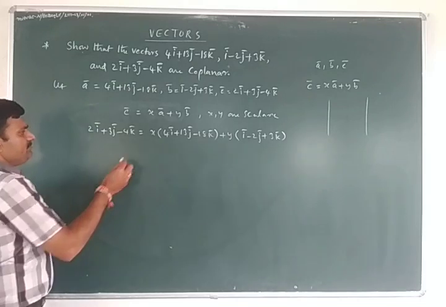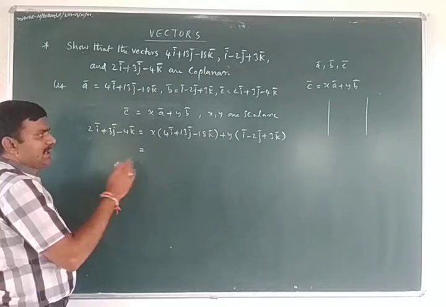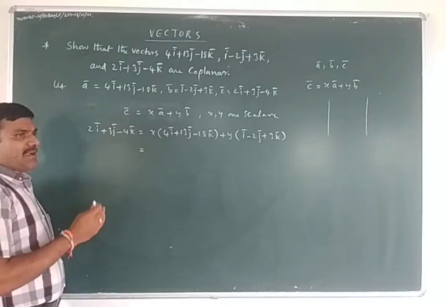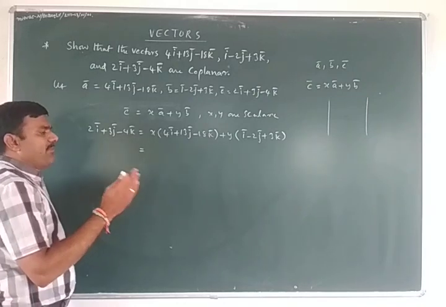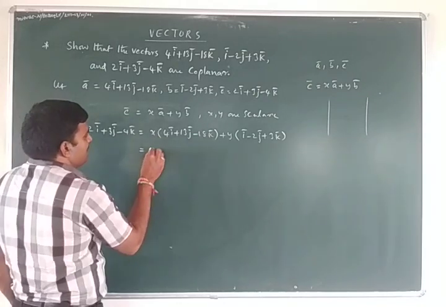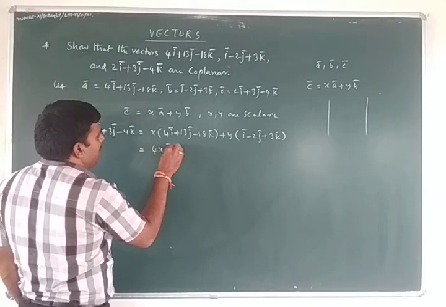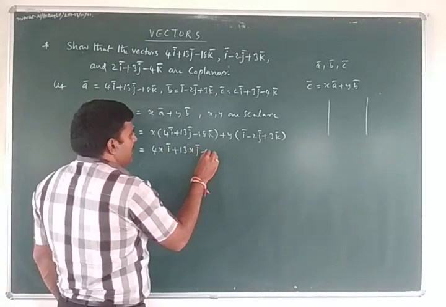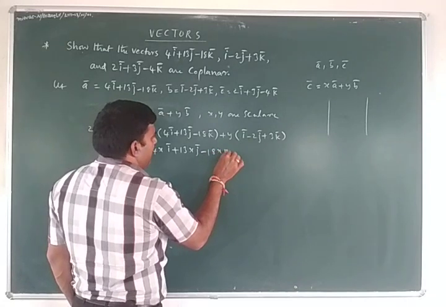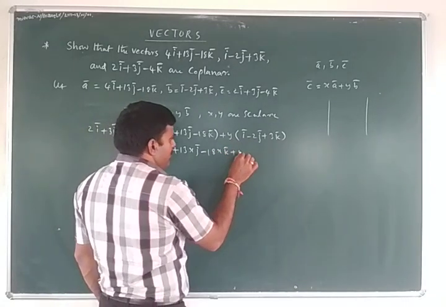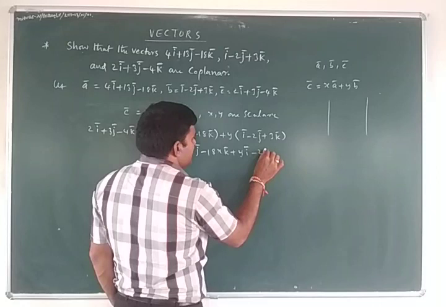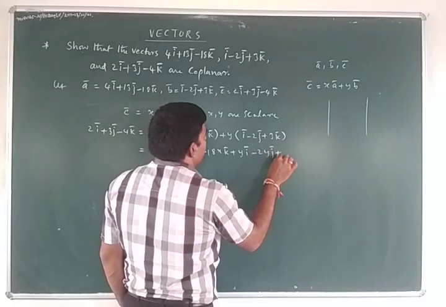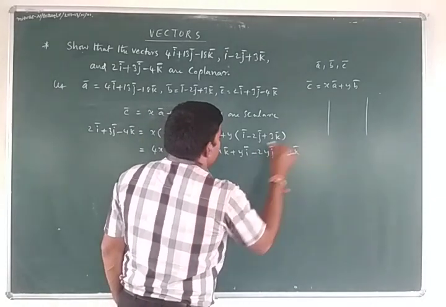Multiplying with x and y and separating the i, j, k bar coefficients, we get 4x into i bar plus 13x into j bar minus 18x into k bar, plus y into i bar minus 2y into j bar plus 3y into k bar.